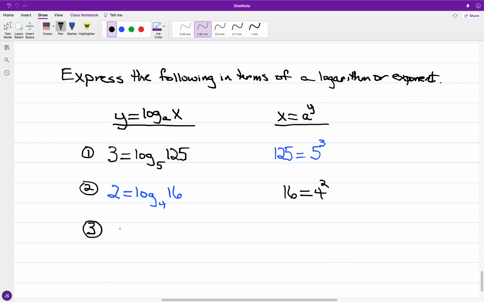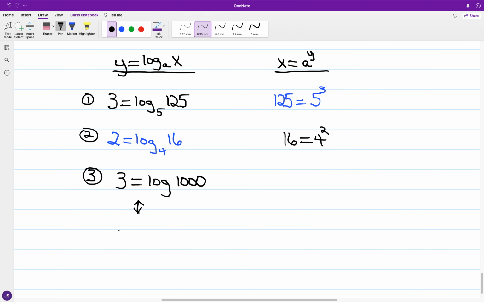Now if we have, let's say, once again, implicit logarithmic bases, okay, so you have 3 is equal to log of 1,000. And again, just as a reminder, if you see just log, that's going to make reference to a base 10 logarithm.